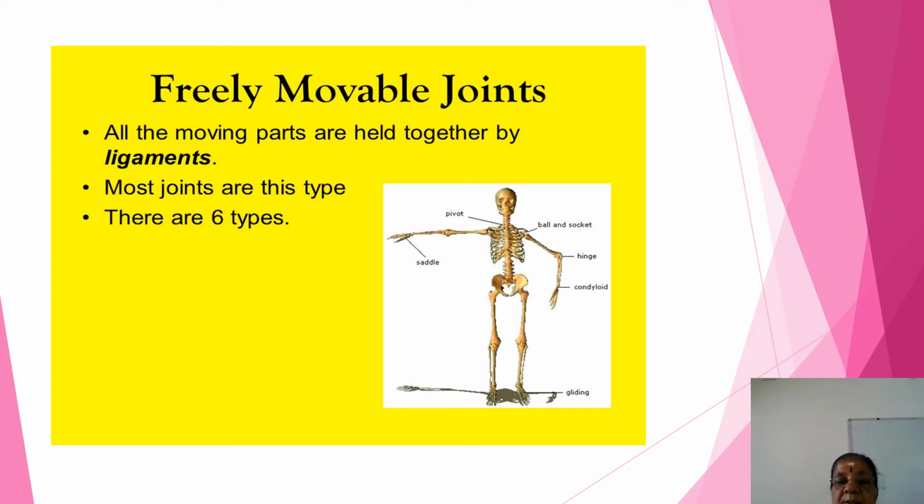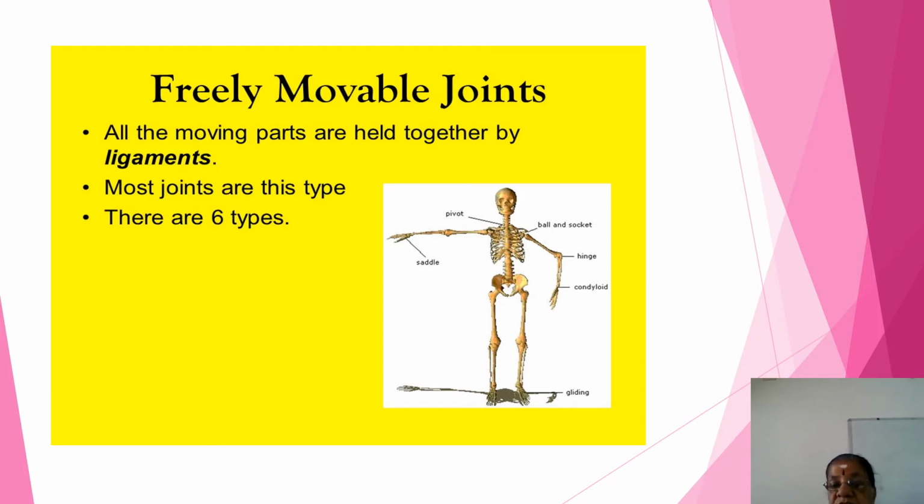It is not in our book, so take a look. In the wrist portion, condyloid joint, and then in the hand, saddle joint and gliding joints. I repeat, ball and socket joint, hinge joint, condyloid joint, gliding joint, saddle joint and pivot joint.